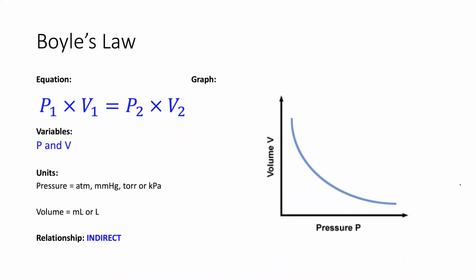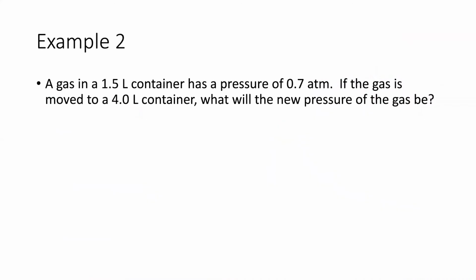All right, so let's go back to this last problem that I had up real quick. Over here we have 1.5 as our volume, because volume is measured in liters. Atmospheres is one of the common units used to describe pressure. And it says here, if the gas is moved to a bigger container, which in this case, this is V1, this is V2, we're trying to find our new pressure.